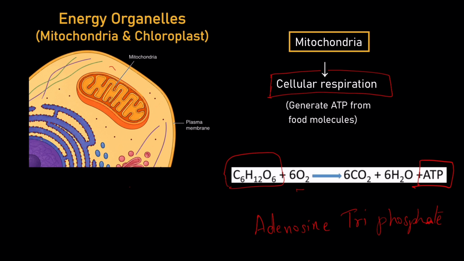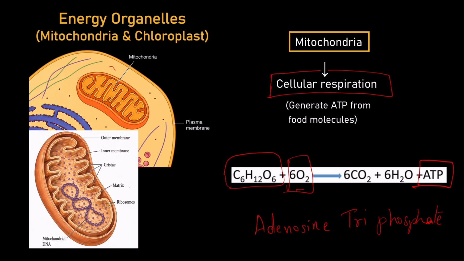And oxygen is essential for efficient ATP production. Now, mitochondria are also distinguished by another feature. They have their own DNA and ribosomes, apart from what exists inside the cell. Mitochondria, remember, are inherited maternally, and therefore mitochondrial DNA is also inherited only maternally.